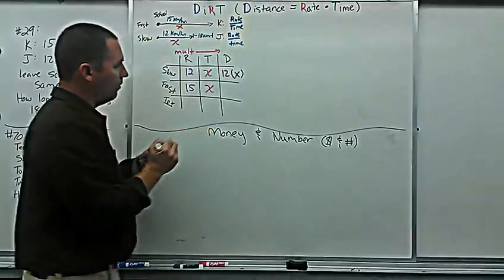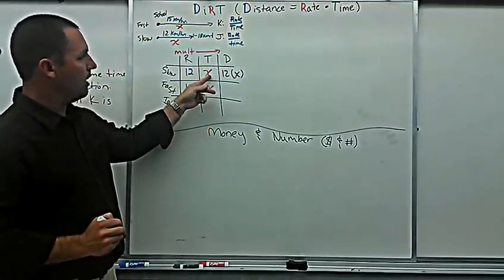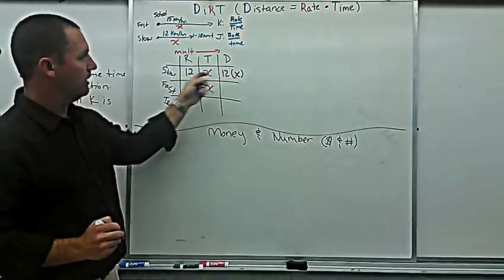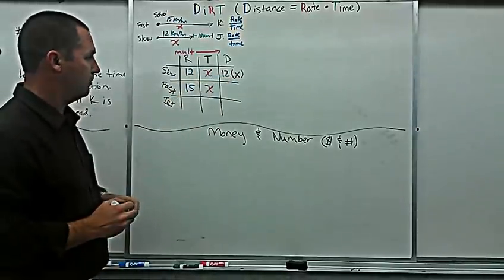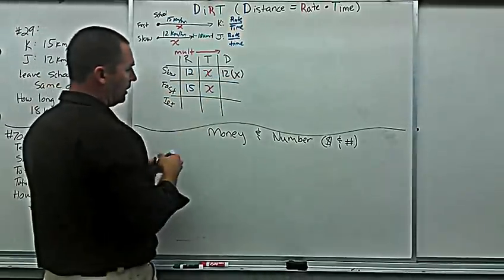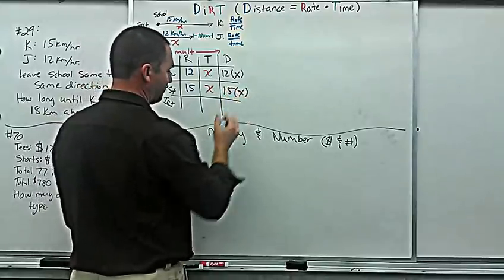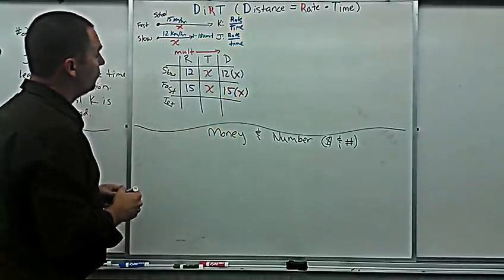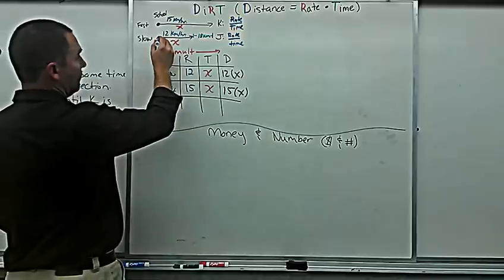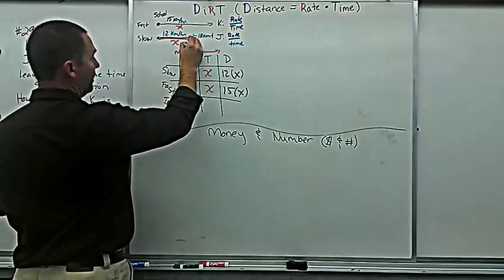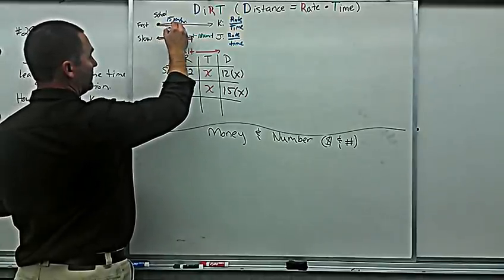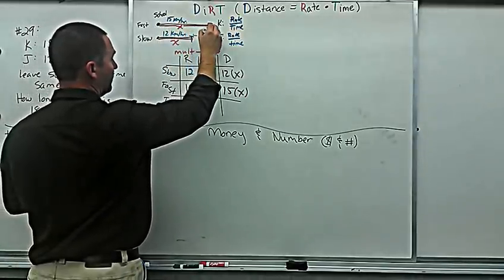And remember, we always put the variable, the box with the variable, in the parentheses. I would never put the 12 in parentheses, I always put the x in the parentheses. And then multiplying across again, I get 15 times x. Okay, so these are the distances. This is the slow distance from here to here, and this is the fast distance from here to here.